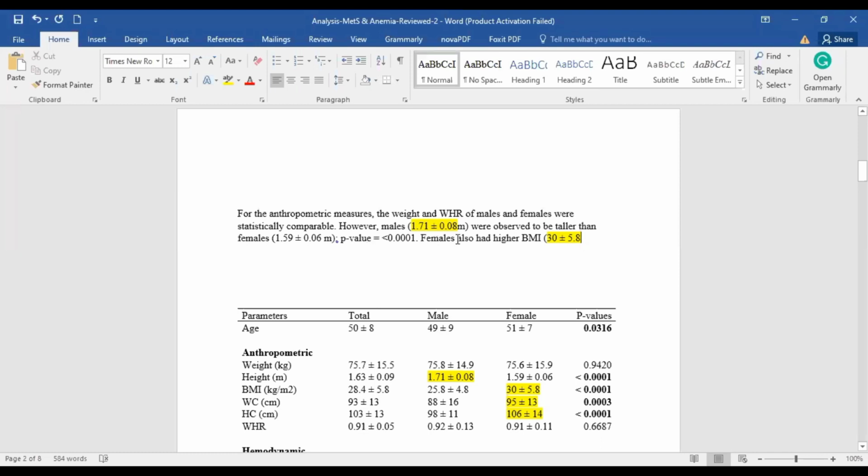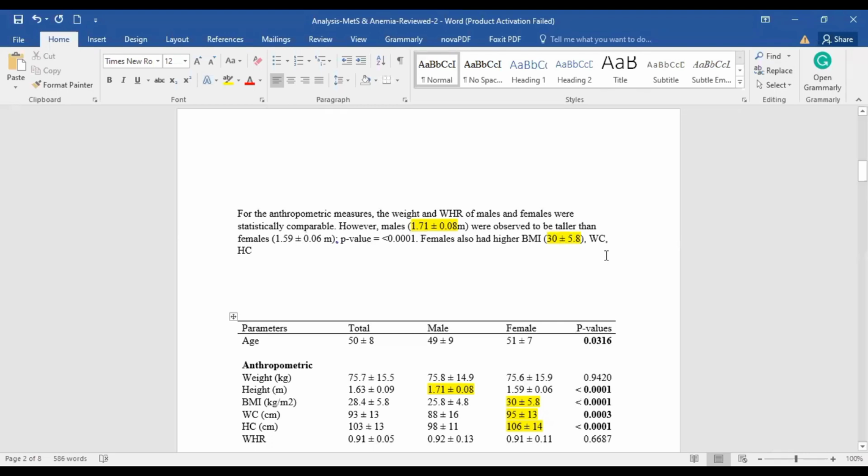Females also had higher BMI, waist circumference, hip circumference, and their counterpart males.